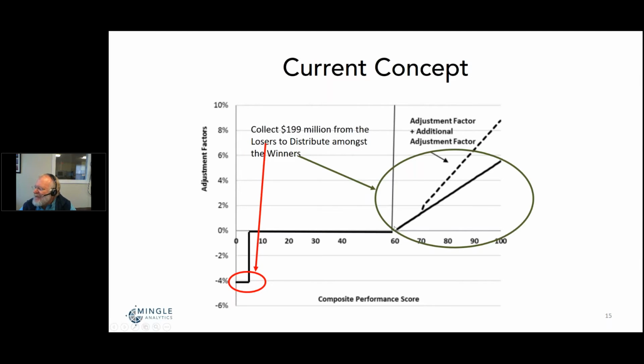And remember that this black line is actually this. So if we come here to 80 and bring a line up to here, that gives us about a 3% positive adjustment, but that's 3% times X, with X being an adjustment factor that takes this and divides it amongst these by that same proportion.